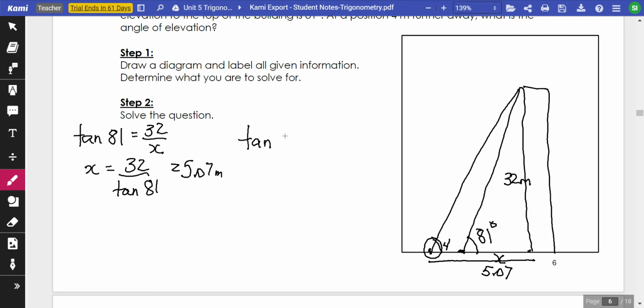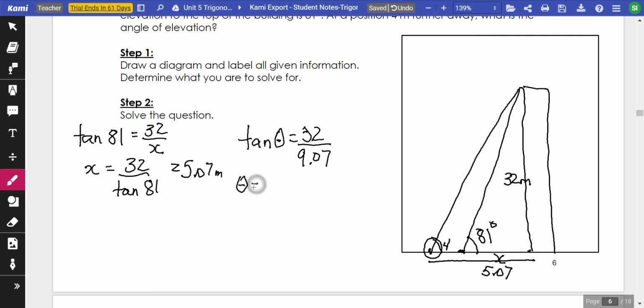So tangent, now I don't know what the angle is, so I'll call it theta, is equal to opposite, 32, over adjacent, which is 9.07. So whenever we're looking for the angle, it's the inverse tangent, inverse of the function.